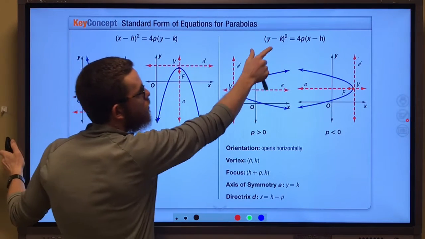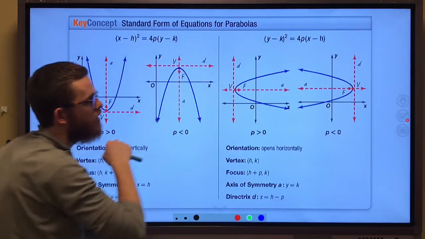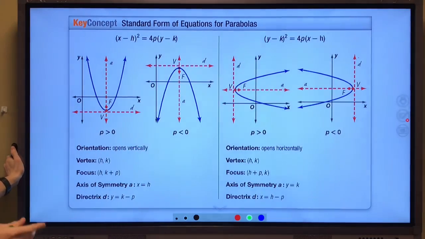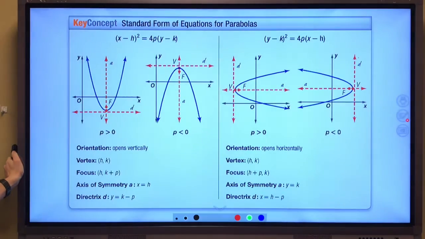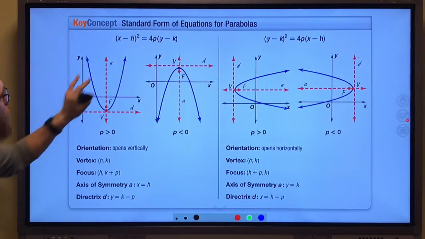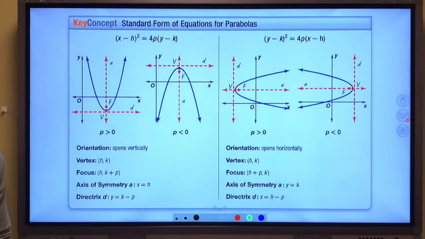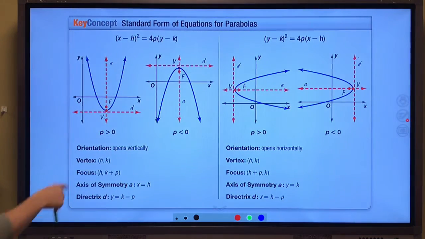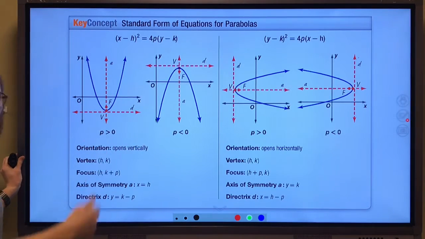But if it's the y term being squared, it's going to behave unlike a function. It's very important for us. Notice we still have h and k, very similar to our vertex form of a quadratic. H and k still provide our vertex. The h is grouped with the x, the k is grouped with the y.